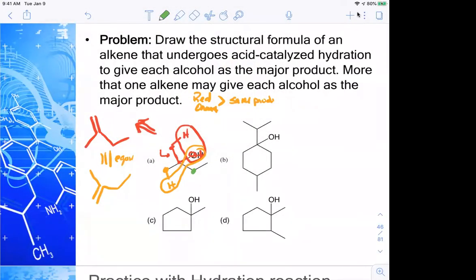But I do have another choice here where I'm going to get rid of that water. And if I do that, what I'm going to get is this, here's my double bond, and then I'm going to get that.